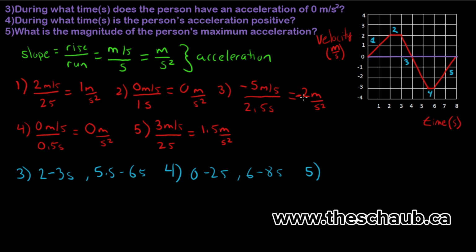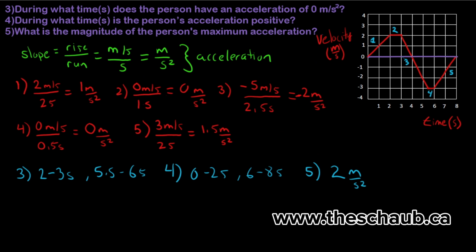Our maximum acceleration happens here in our steepest line at -2 meters per second squared. Since we're just asked for the magnitude and not the direction, we give our answer for the magnitude of the person's maximum acceleration as 2 meters per second squared. We leave off the negative because the question's not asking for direction.